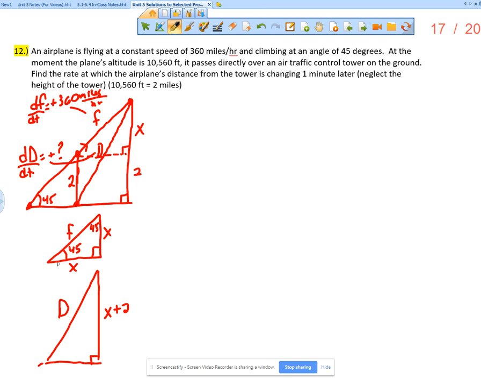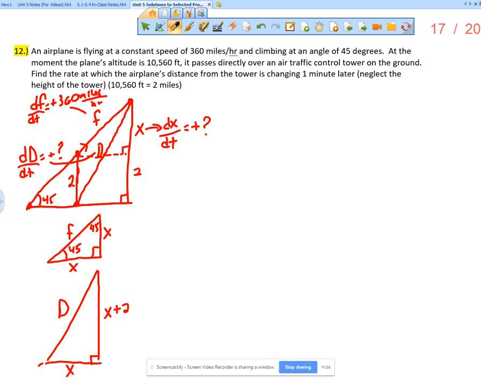The horizontal distance is actually the same as the other triangle. That's just x. Now, as the plane is flying, x is changing, and so there is a dx/dt that is some positive value that we do not know, but we will actually need to know that in order to find dD/dt.